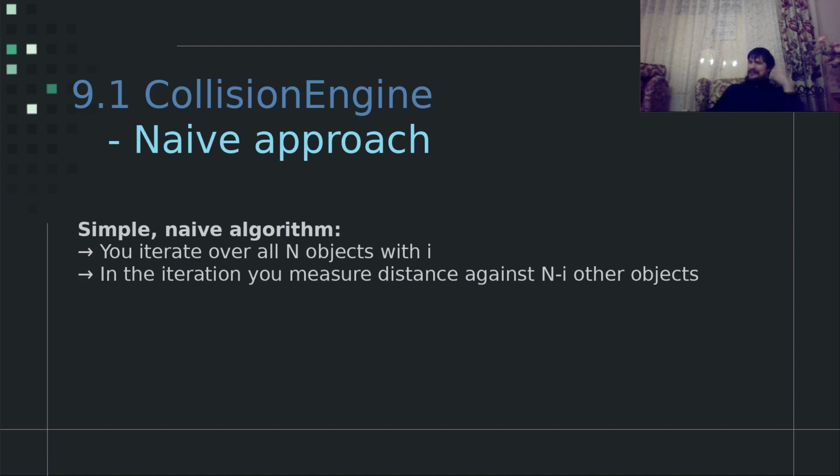There is a better naive approach when you are iterating with the I iteration variable. You don't need to always compare against all the others, just the n minus I number of others. Because if we are doing it in this order always, these two have been already checked.